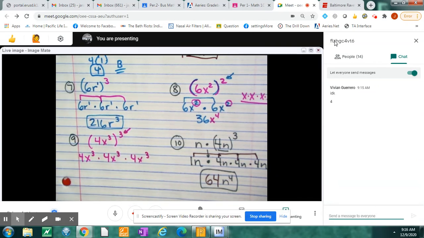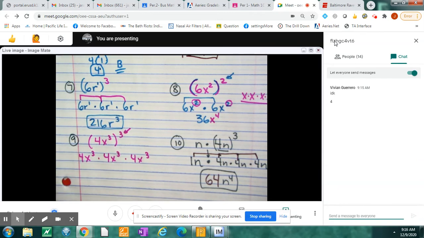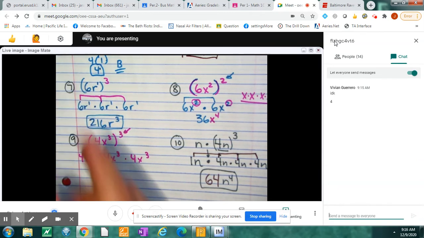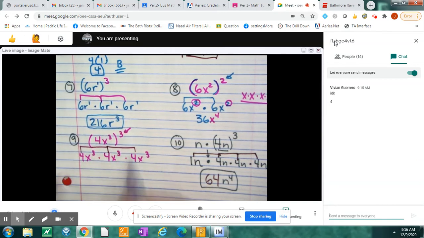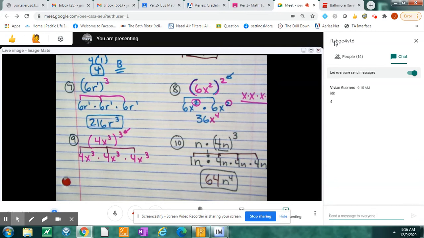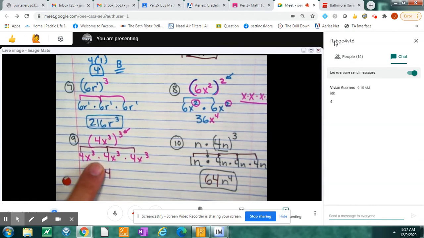That's 3 times, because of this power to a power. Now I'm going to multiply 4 times 4 times 4. You're going to use your calculator. Does anybody know what 4 times 4 times 4 is? 64.